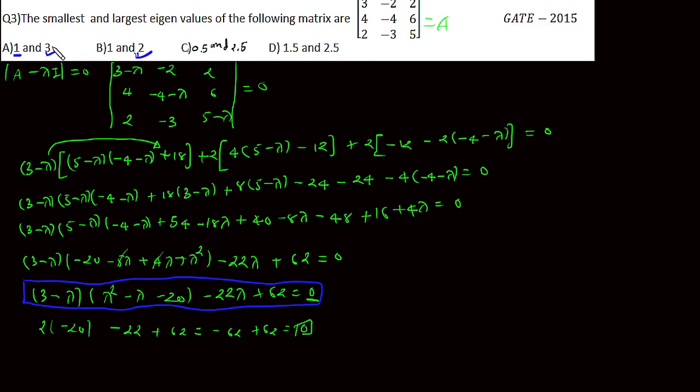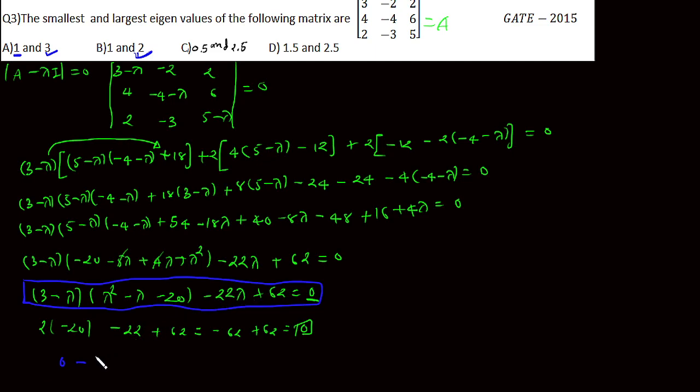So let's check for 3 because it is easier. You can see this whole term will be 0 because 3 minus 3 will be 0, here we are getting multiplication with 0. So simply 0 this term. Here if you multiply it with 3, now put 3 here in the place of lambda.